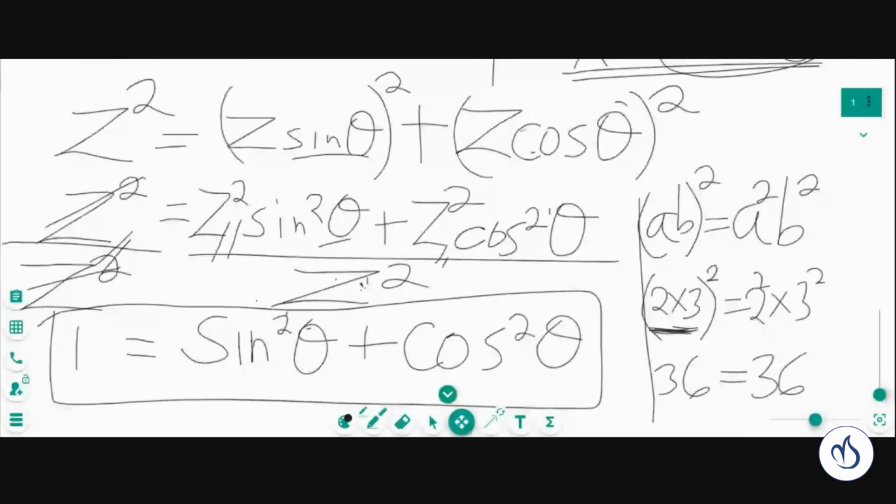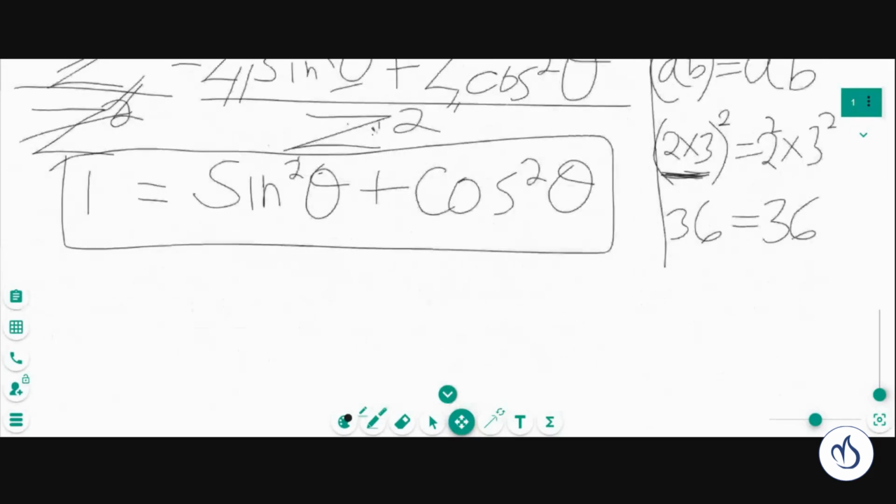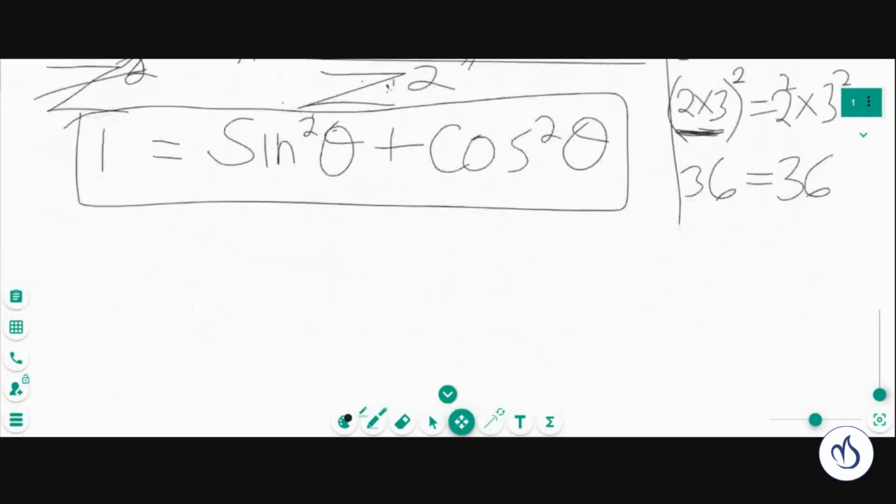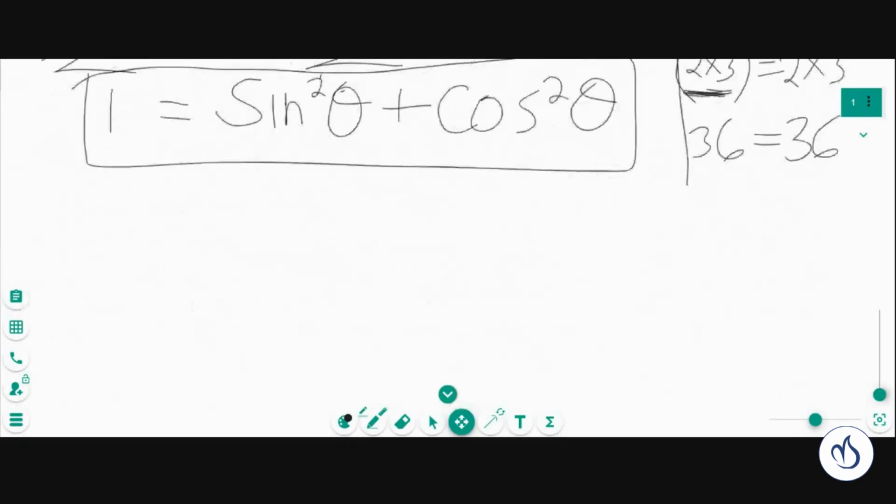So that is our basic trig identity. It is going to give us the relationship between angles of different trigonometric functions. When I say trig functions, I mean sine, cos, tan, and others. In fact, before we go any further, let me also remind us of the relationship between the other trig functions.